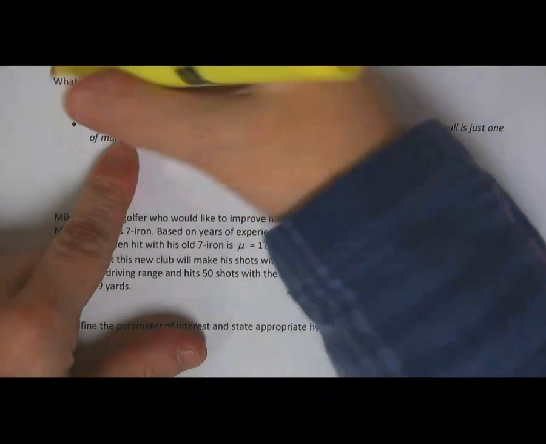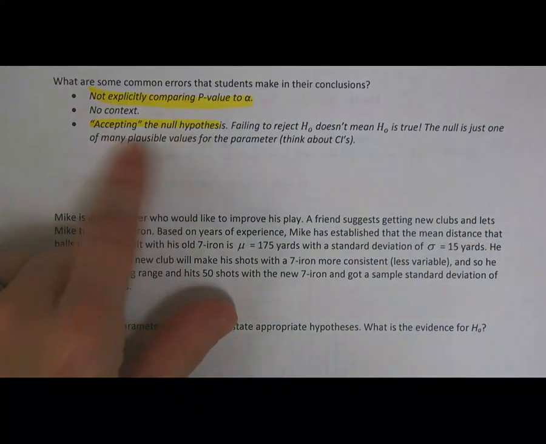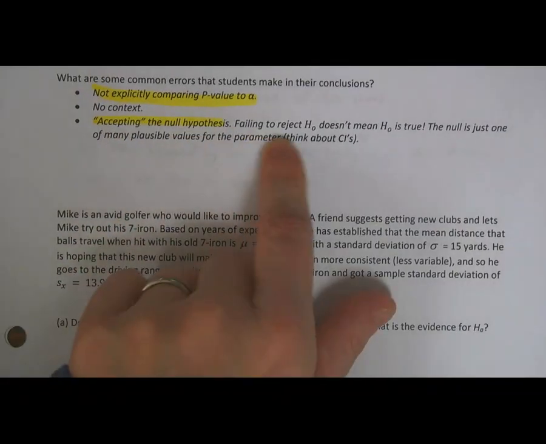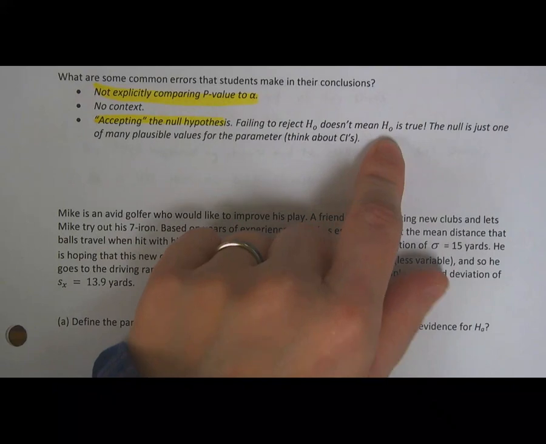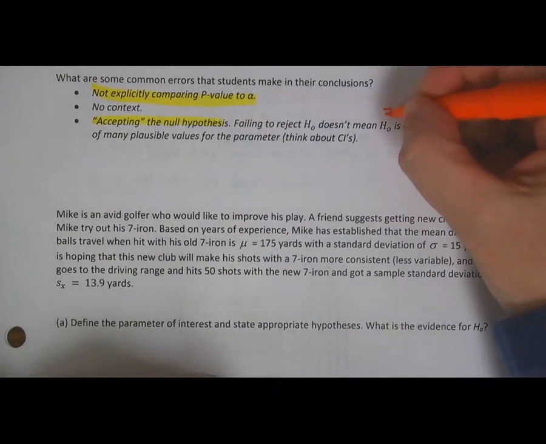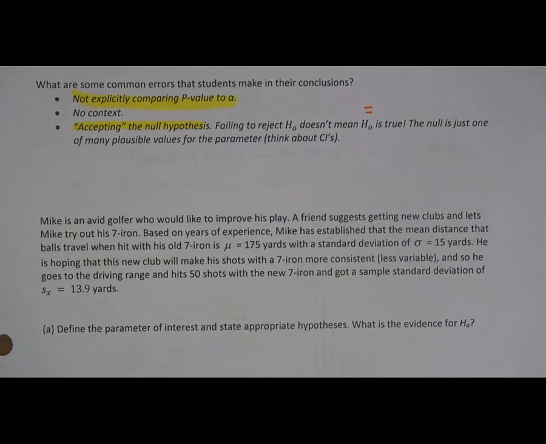Okay, here's why we don't accept the null. That's a very common mistake that people make. They say, oh, well, then we accept the null. Well, failing to reject it doesn't mean that it's necessarily spot on, because remember, the symbol that we use is equals to. So it's not necessarily true that it's exactly that value.